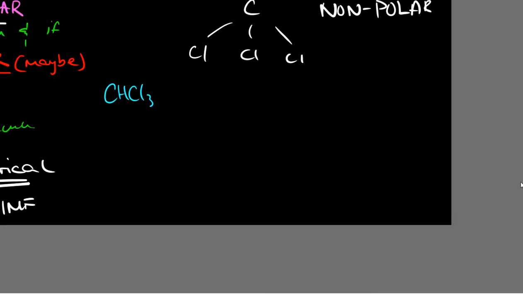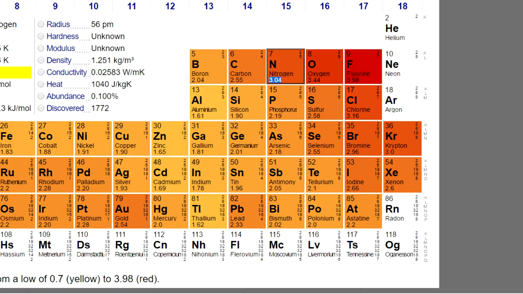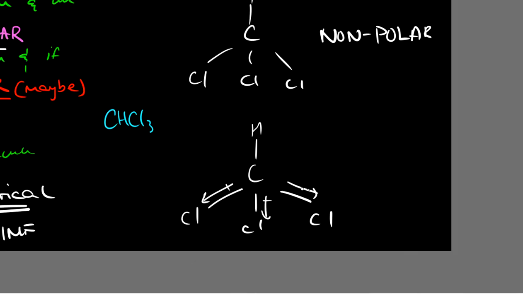This one is the other example in our packet, or quite similar to it. It's more or less the same thing, but one of the Cl is replaced by a hydrogen. So because of that, you see that these all have, I'm pretty sure it's outwards. It can be wrong, I'm going to check quickly. Carbon, yeah, it's outwards. So the polar bonds are outwards. They are polar, but this one right here is one of the examples we talked about.